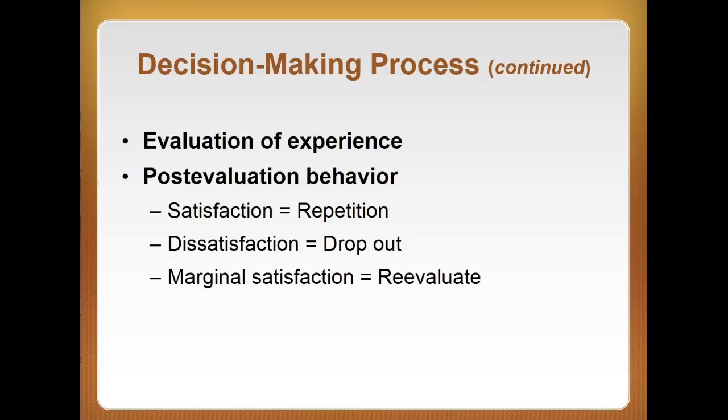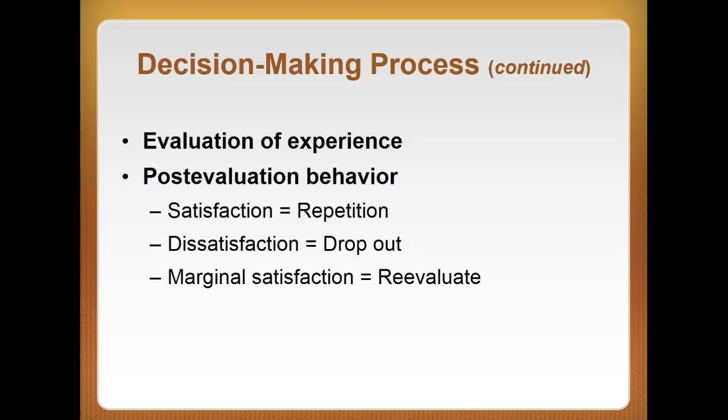And then finally, looking at post-evaluation behavior. After evaluating, the consumer has three basic choices. If they're satisfied, they're probably going to decide to repeat the experience in hopes of building a truly stronger identity with the activity. If they're not satisfied, they're probably going to abandon the activity and not participate again, and this would signify falling off the escalator.